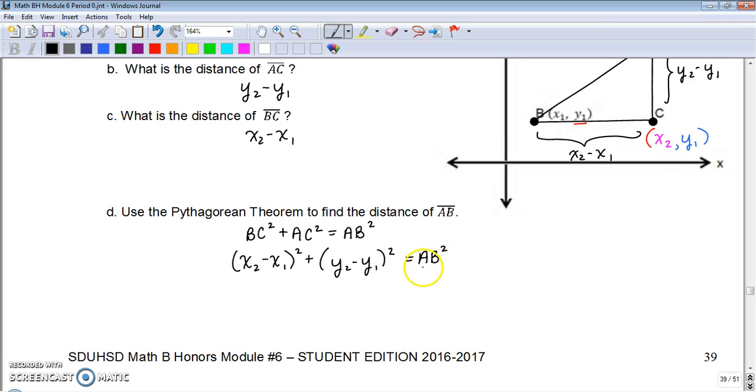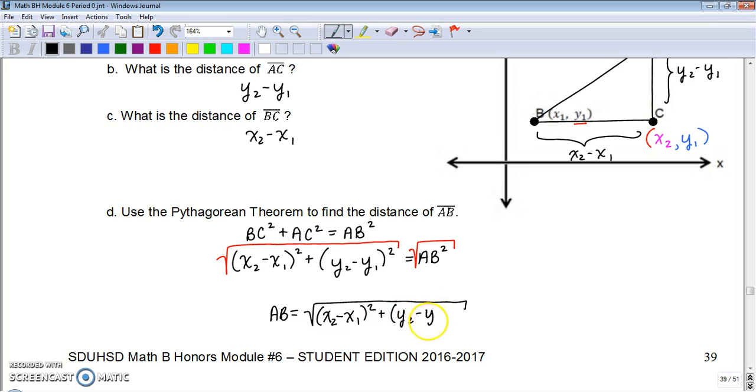My goal is to get that. And so to isolate it, I will square root both sides. And I'm going to flip-flop my equation just so that it's organized. My final answer would be that AB is the square root of the quantity x2 minus x1 squared plus y2 minus y1 squared.